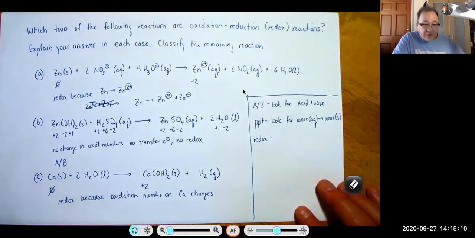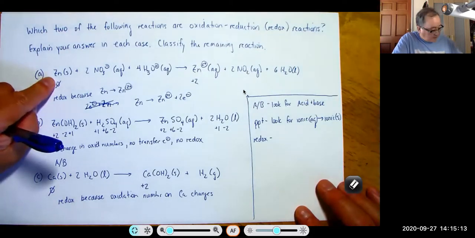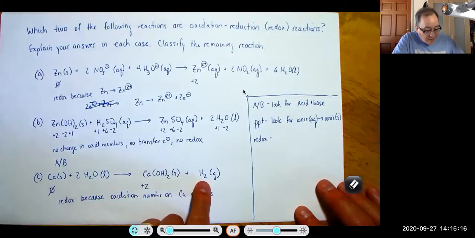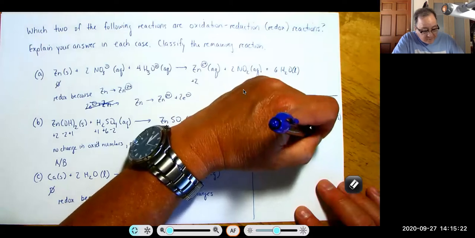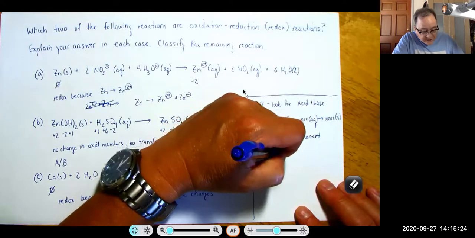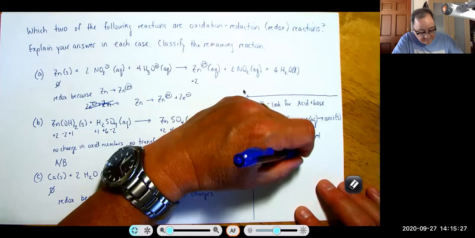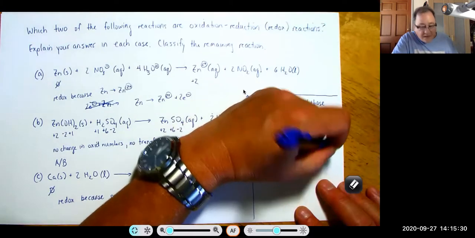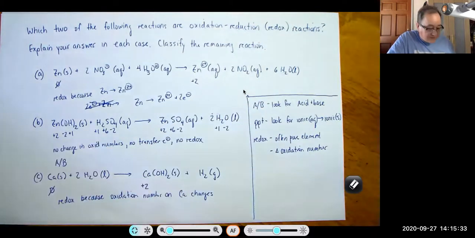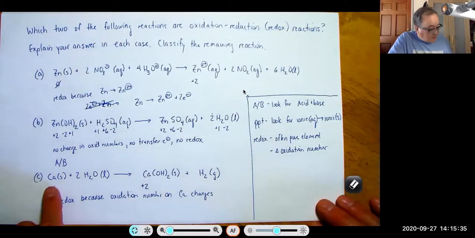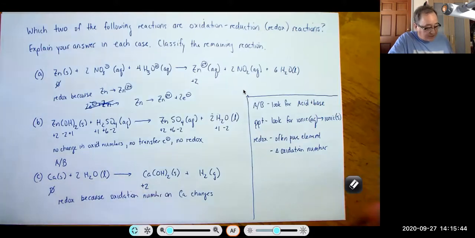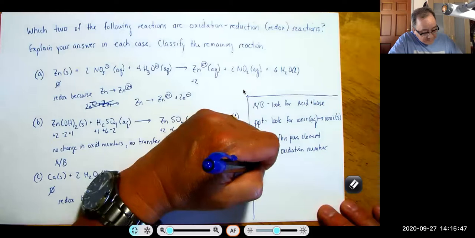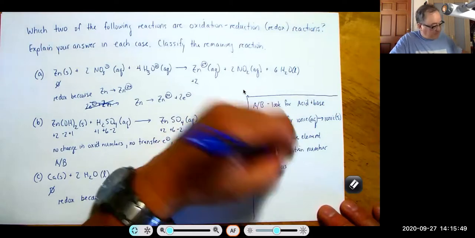And the answer is, look, a pure element. Look, a pure element. Often a pure element, but also a change in oxidation number. Now, why is it that pure elements often result in a change in oxidation number? Well, because if that pure element has an oxidation number of 0, and then it's in a compound, its oxidation number in a compound won't be 0. So that's a change in oxidation number. And how about gas forming? You look for a gas.